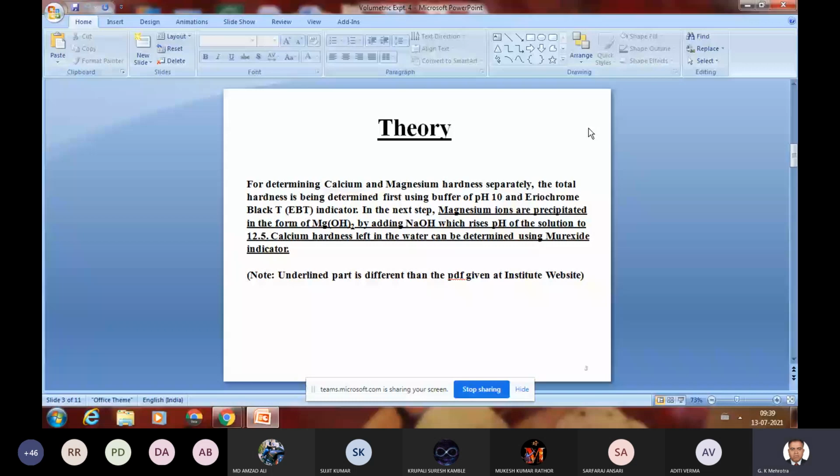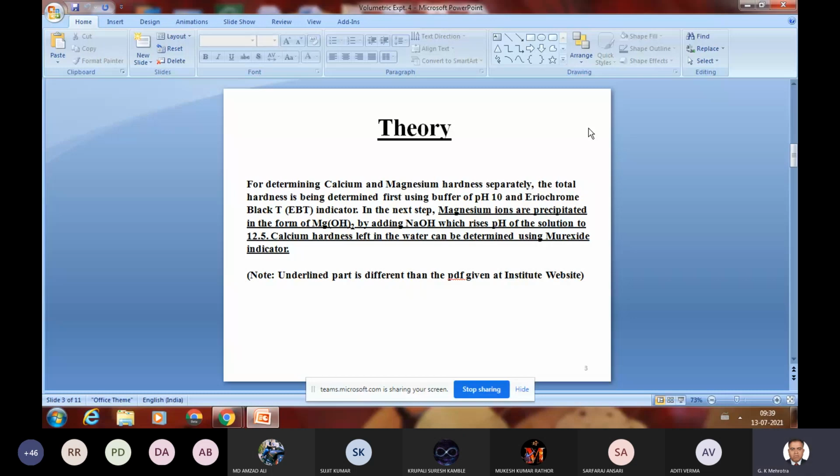So simply, standard hard water is prepared by dissolving CaCO3, which is not commonly soluble. We treat it with a minimum amount of dilute HCl, and it easily dissolves, and then we make it up in a volumetric flask to 250 cc. It will be 1/4 of 1000 cc, that is 1 liter.